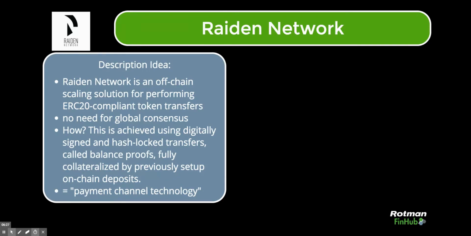Now, there is no need here, however, for a global consensus. How is this being done? Well, basically, the idea is that parties interact with one another. They double sign, as I understand, their transactions, and then finally, when they have a final transaction, they will settle on the blockchain.